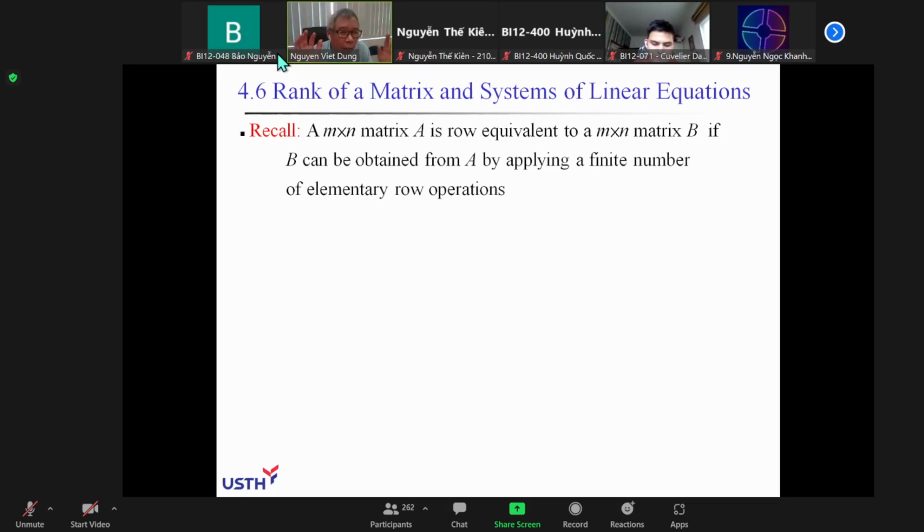Suppose that we are given two matrices A and B of the same size m by n. We say that A and B are row equivalent to each other if the matrix B can be obtained from matrix A by applying a finite number of elementary row operations.